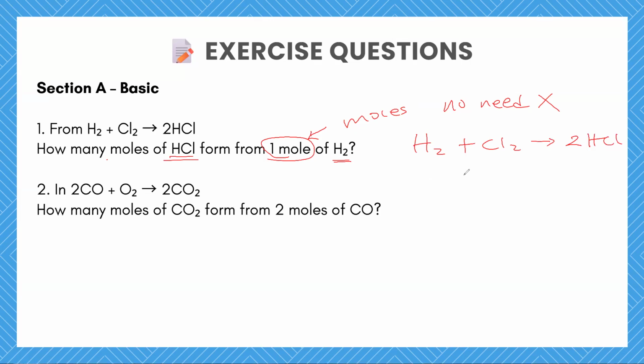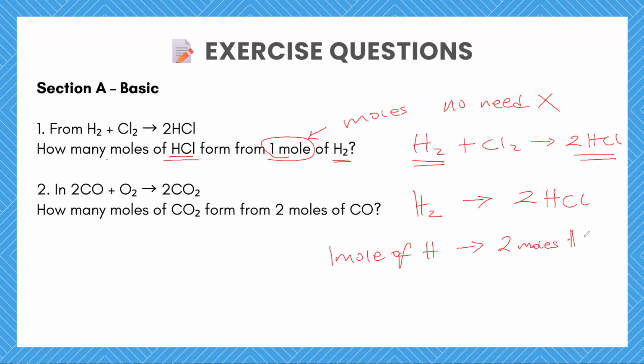How many moles of HCl will form from 1 mole of H2? H2 and HCl. From the equation, we can see that H2 produced 2HCl. In other words, 1 mole of hydrogen produce 2 moles of HCl.